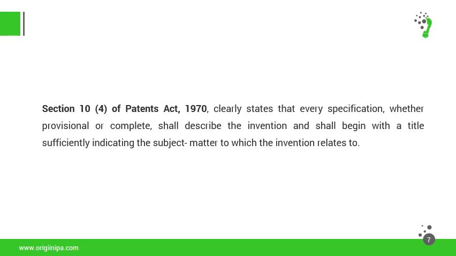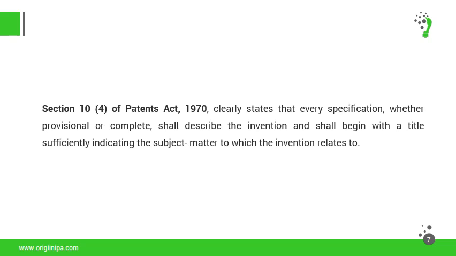Section 10 of the Patents Act 1970 clearly states that every specification, whether provisional or complete, shall describe the invention and shall begin with a title sufficiently indicating the subject matter to which the invention relates.